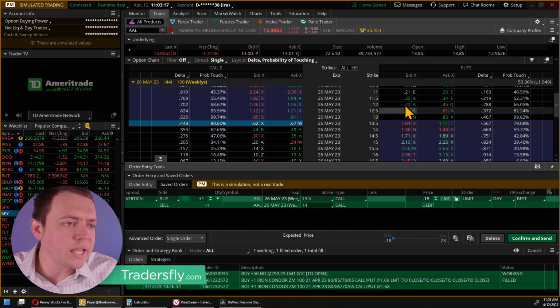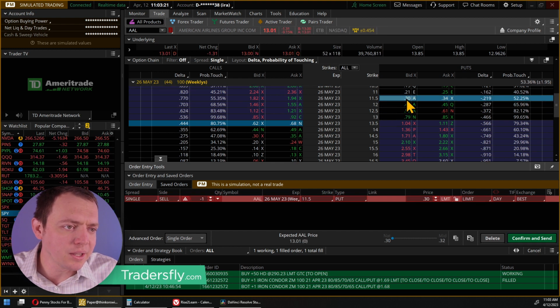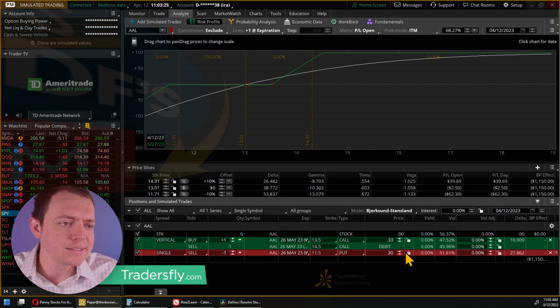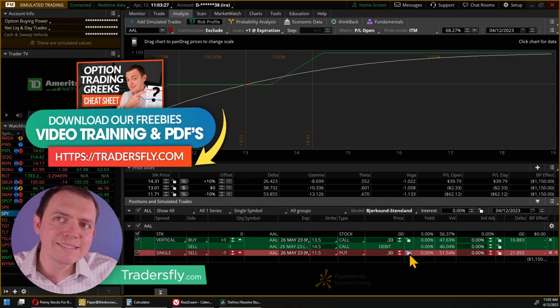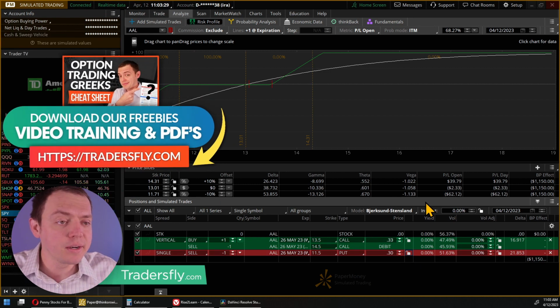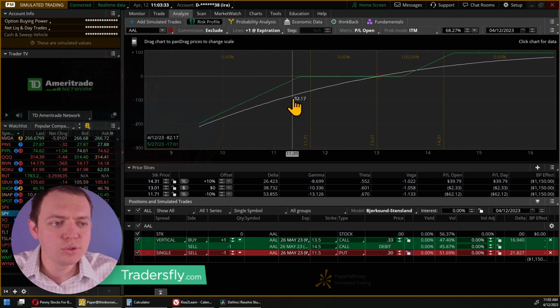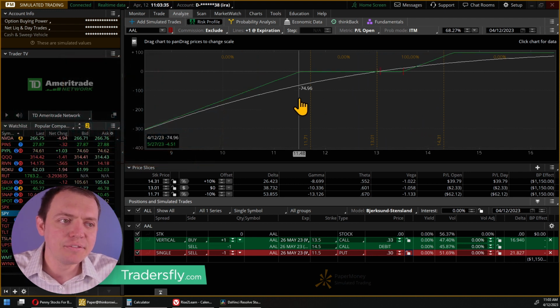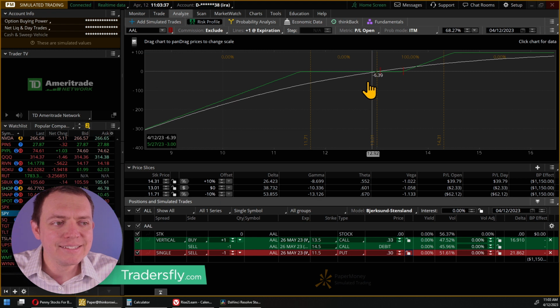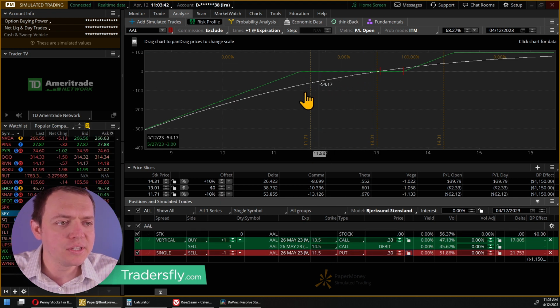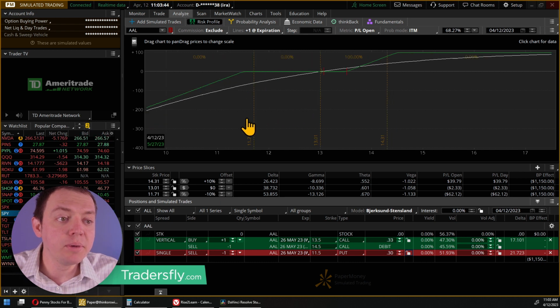What we can do is go over here to maybe about 11 and a half or even a 12 and sell a put against it. So you can see it's not necessarily free. It still costs you some money, because if it goes against you, you do have to take that stock at 11.50. But now if it flatlines and continues to go down to about that 11.50 level, the most you'll lose is about 3 bucks. That's it.